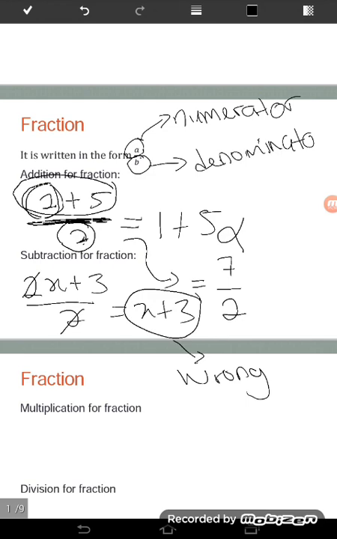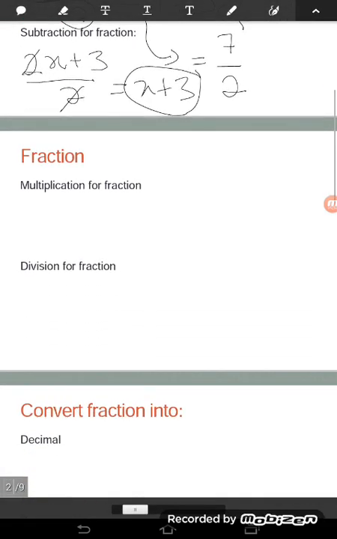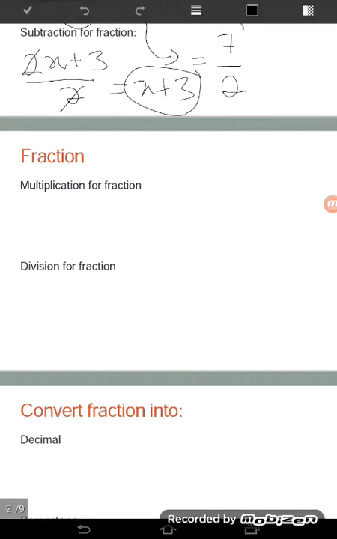Okay, so next, multiplication of fractions. How do you multiply two fractions? For example, 5 over 3 times 2 over 8. For multiplication, the numerator we multiply with the numerator and the denominator multiply by the denominator.